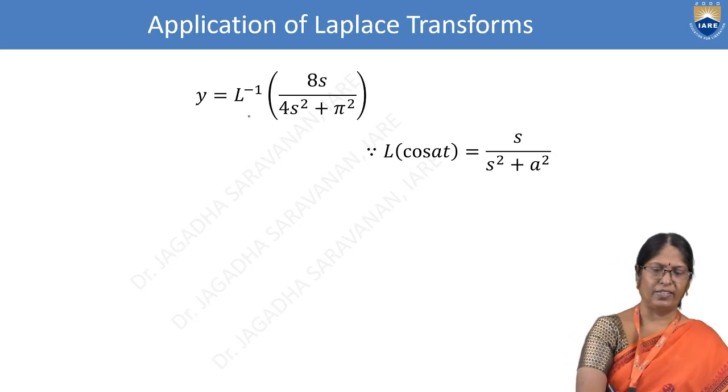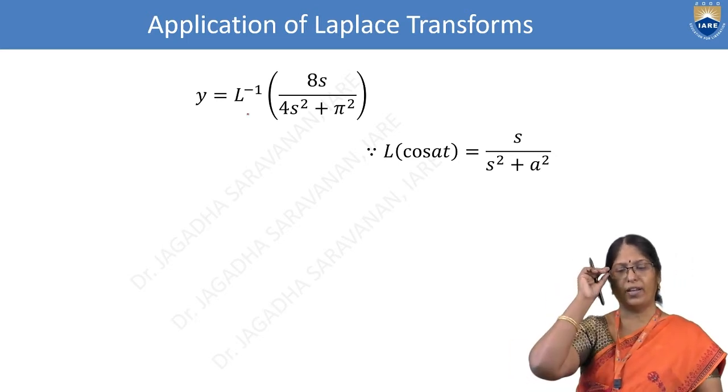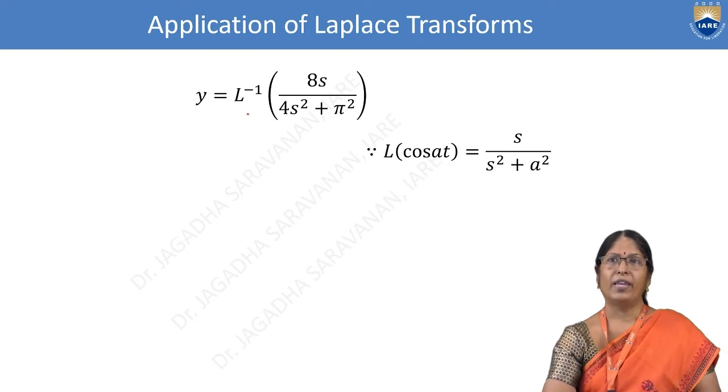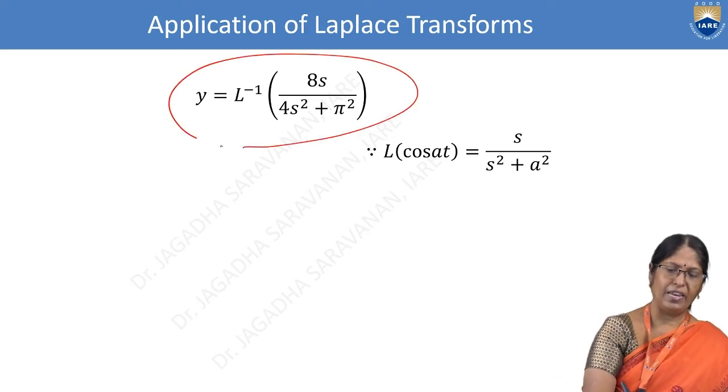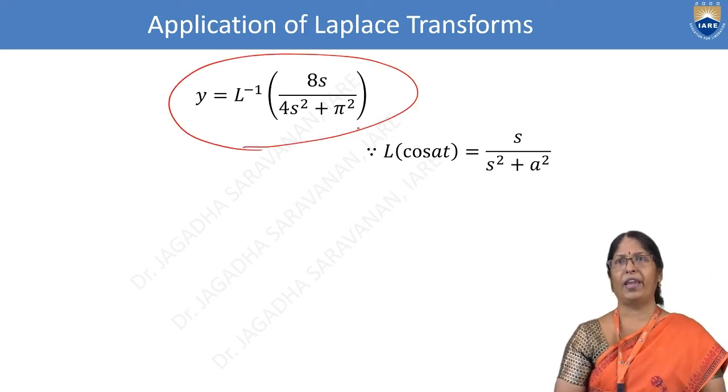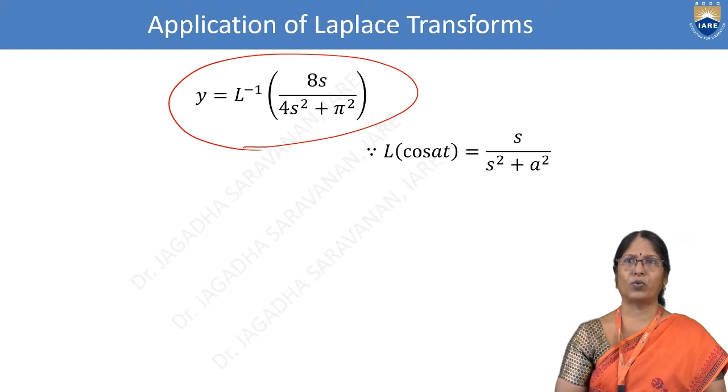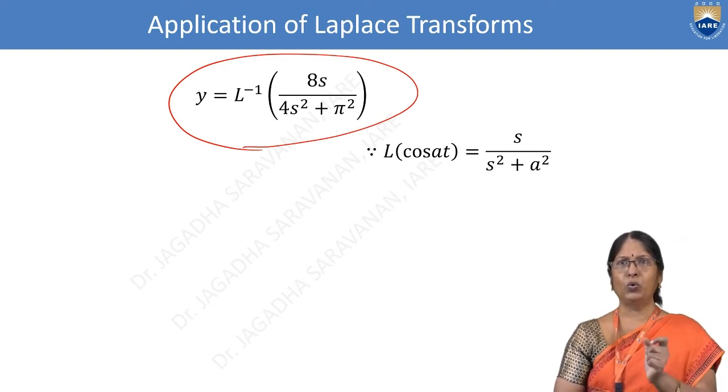Now we bring the L here. It is written as L inverse of 8s by 4s square plus pi square. We know the formula, the suitable inverse formula.